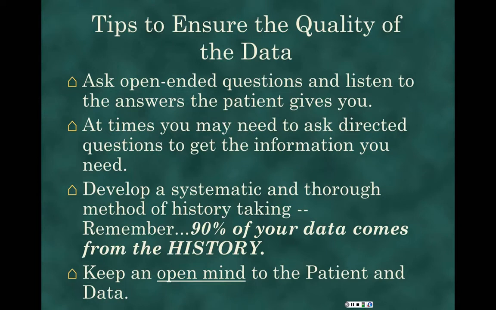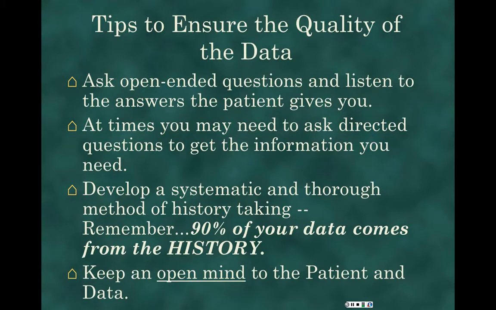You want to develop a systematic and thorough method for history taking. Remember that 90% of your data comes from the history. So begin with your history of present illness. Begin with past medical history, then family history, social history.